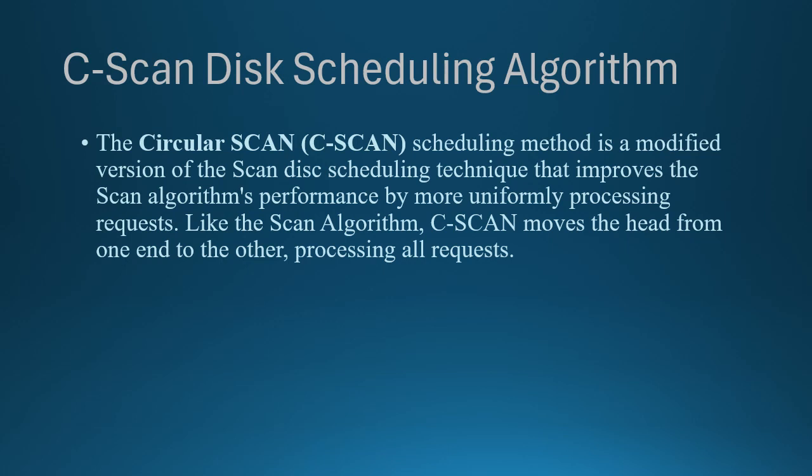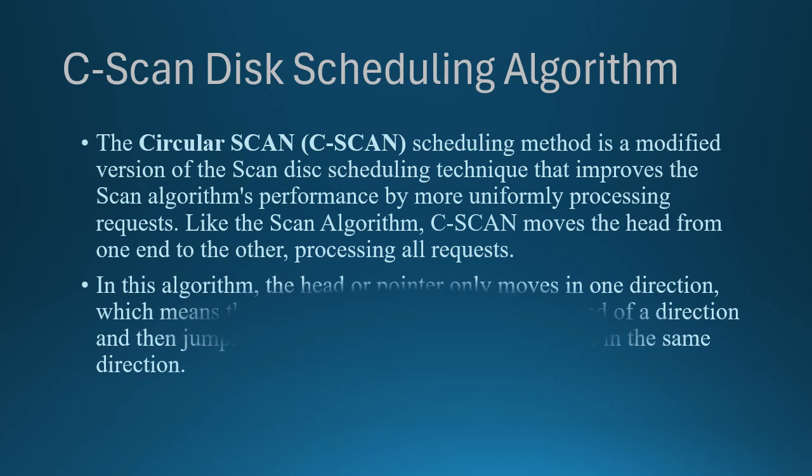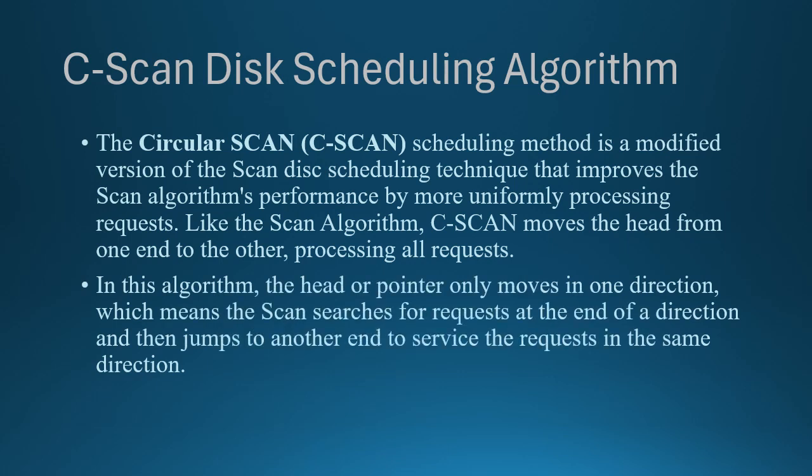Like the SCAN algorithm, C-SCAN moves the head from one end to the other, processing all requests. In this algorithm, the head or the pointer only moves in one direction, which means it searches for requests at the end of a direction and then jumps to the other end to service the requests in the same direction.